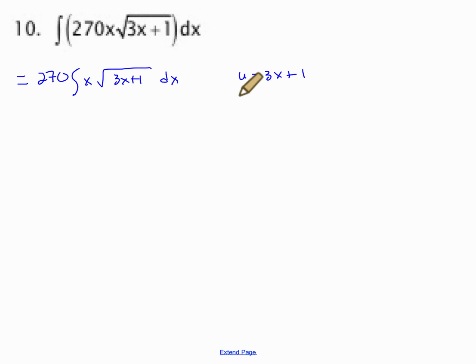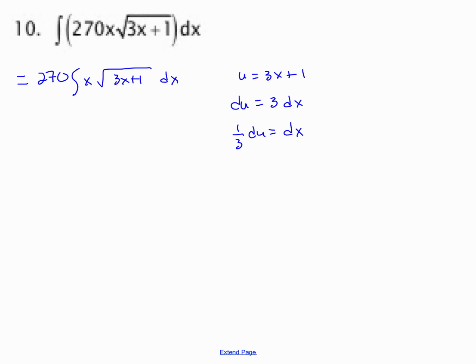So du equals 3 dx. And there's no 3 here. Right now, we're just going to concern ourselves with the dx. So I'm going to go ahead and say that 1/3 du is equal to dx. And we're going to put that in our back pocket for just a second.